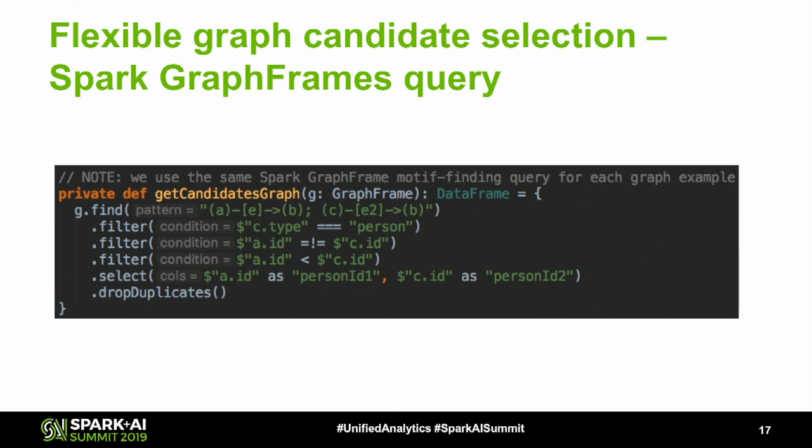This is a Spark GraphFrames motif finding query. I'm not going to go too much into this query, but I do encourage you to go on the Spark GraphFrames documentation website to get a better sense for motif finding. I will also make all this code available on my GitHub so you can take it and play with it to better understand it as well.